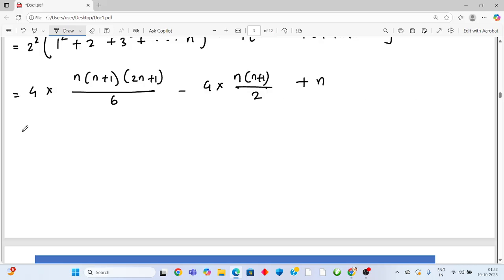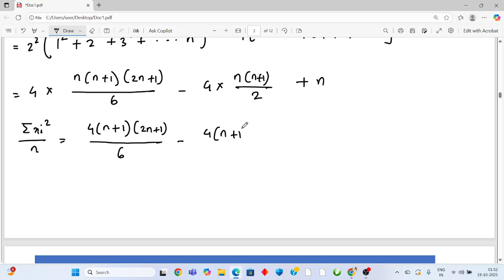Now if I divide this summation xi square by n, I will get 4 into n plus 1 into 2n plus 1 by 6, minus 4 times n plus 1 by 2, plus 1.